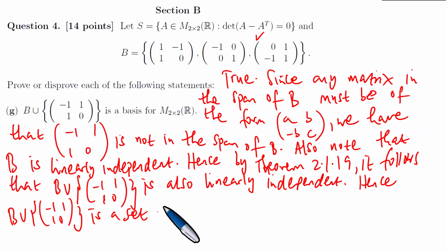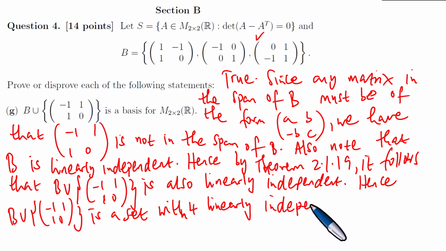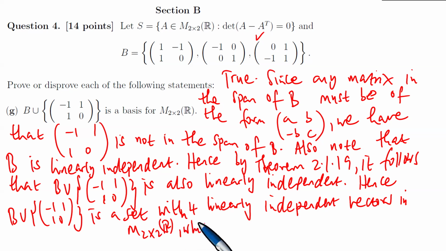Hence it is a set with 4 linearly independent vectors in M22R, which is of dimension 4.